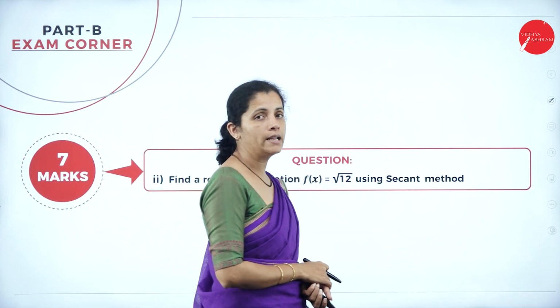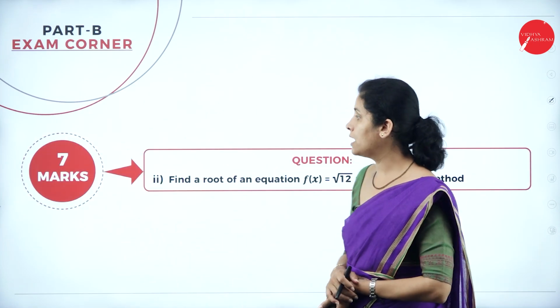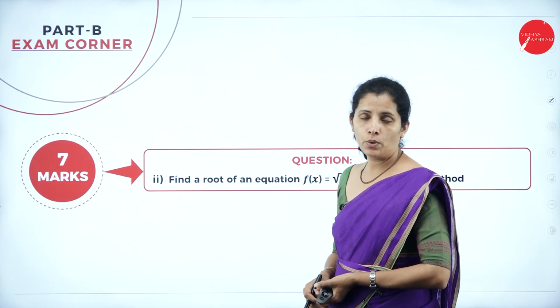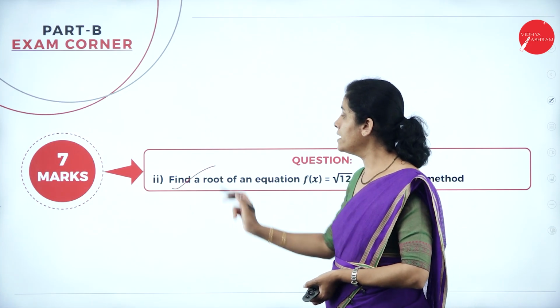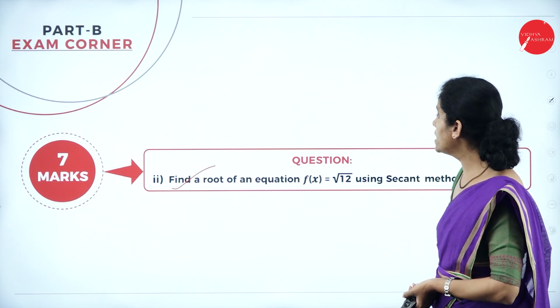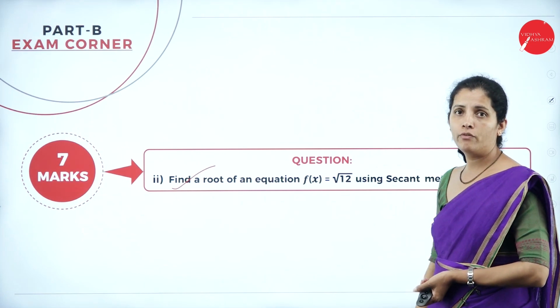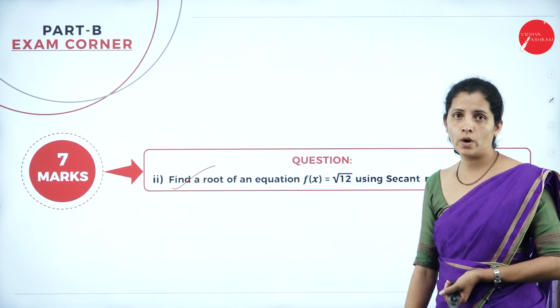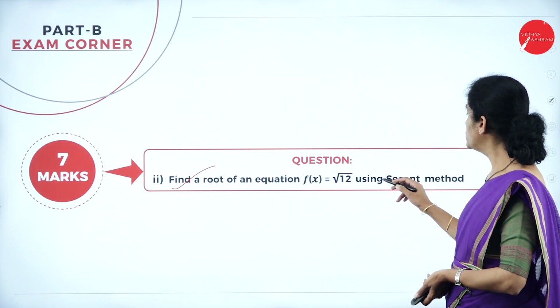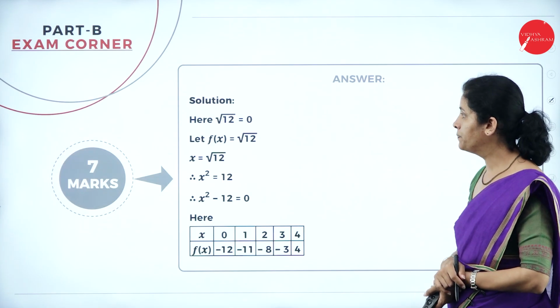Now, dear student, I have another question under the 14th question, that is find a root of an equation f of x equal to square root of 12 using secant method.